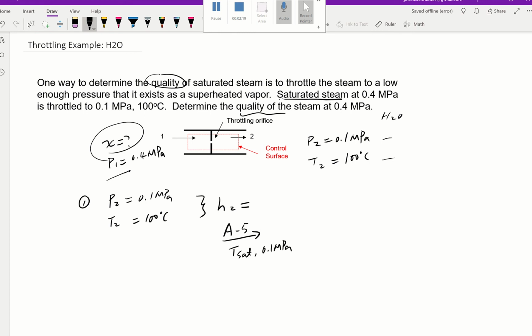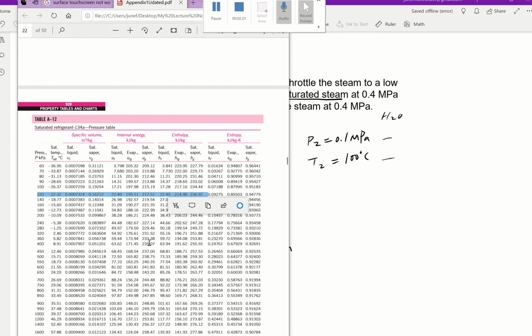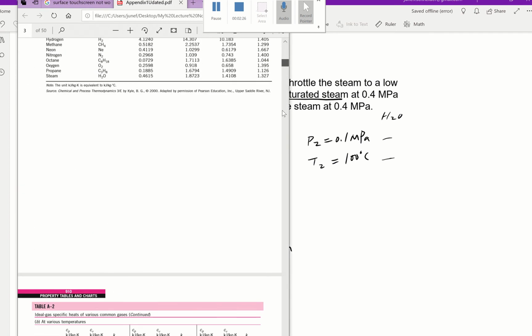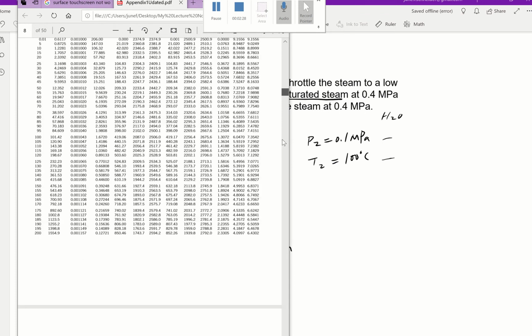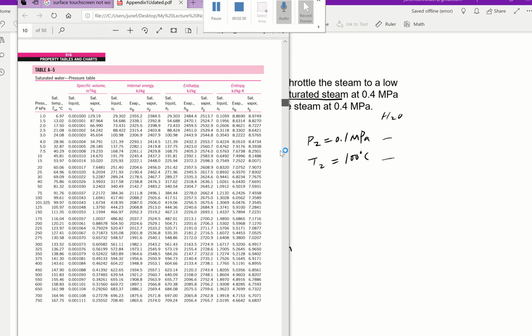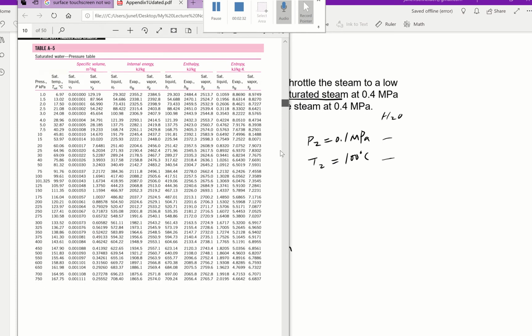Okay. So that's table A5. 0.1 megapascal is going to be 100 kilopascal, and the saturated temperature is 99.61.